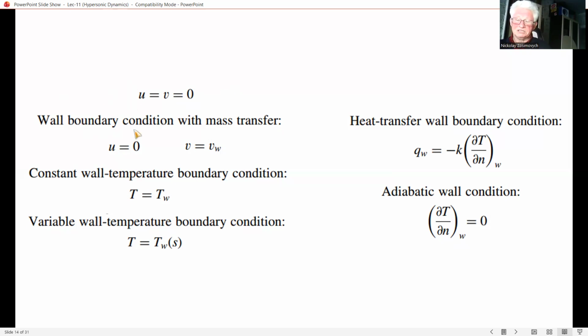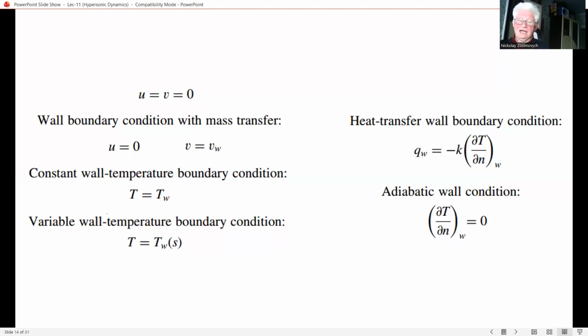Both boundary conditions with mass transfer will be u equals 0 and v equals v_w, where v_w is a specified velocity normal to the surface. In addition, because of energy transport by thermal conduction, we require an additional boundary condition at the wall involving internal energy, or more usually temperature.